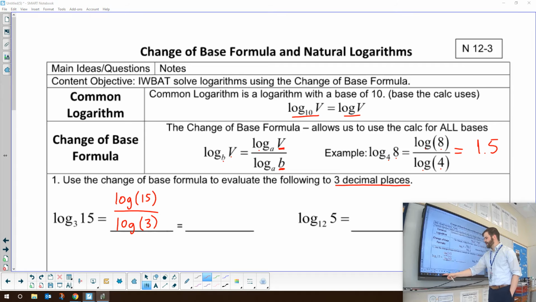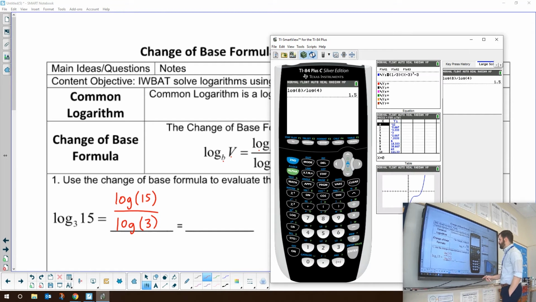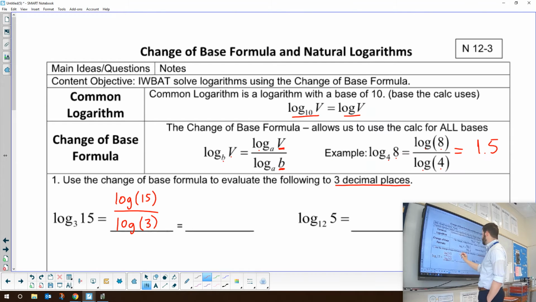So we can pull up our calculator, and I can go log of 15 divided by log of 3. We get our answer of 2.4649. But we need to round it to 3 decimal places.